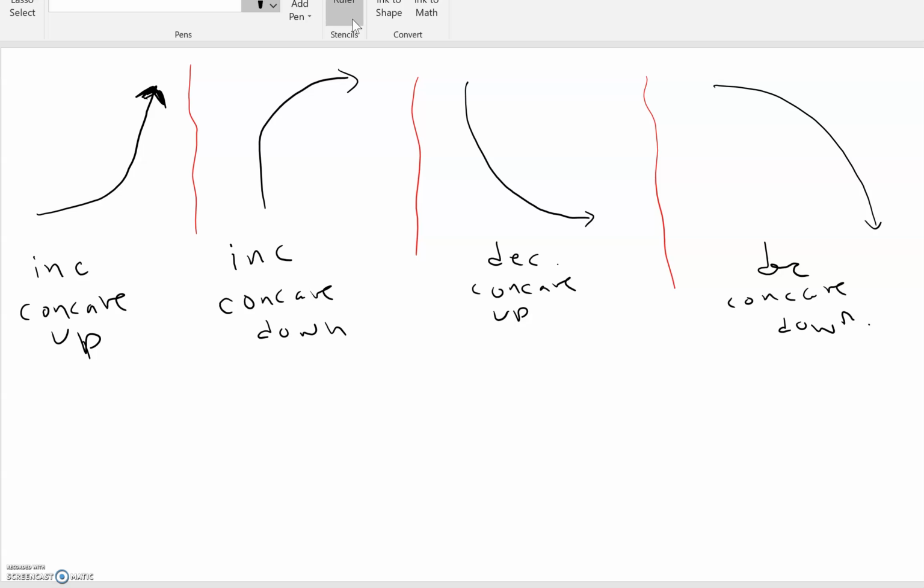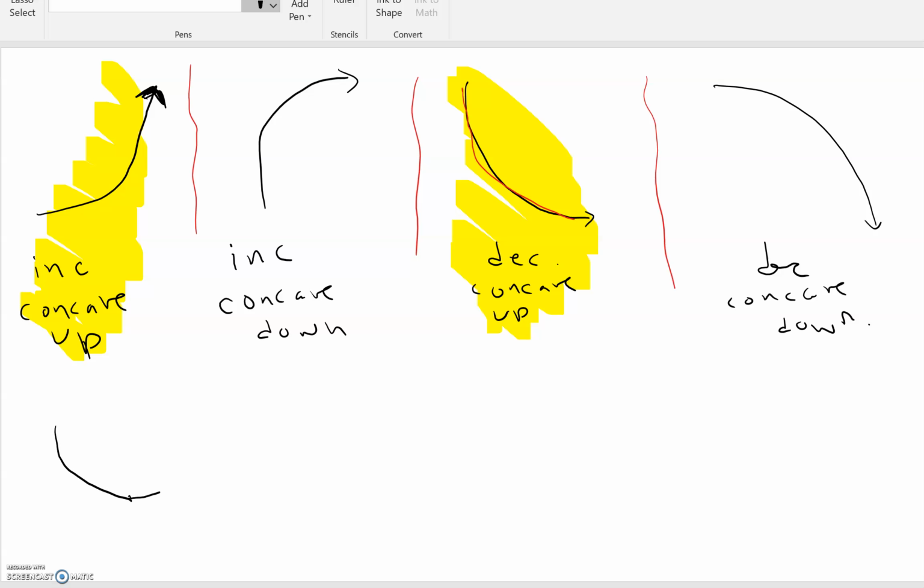So one thing that sometimes confuses people is when we start sticking these four pieces together in various ways. We can group the concavities, right? If we group the two concave ups together, you're going to take this one first, the decreasing concave up, and then you're going to glue to it increasing concave up.